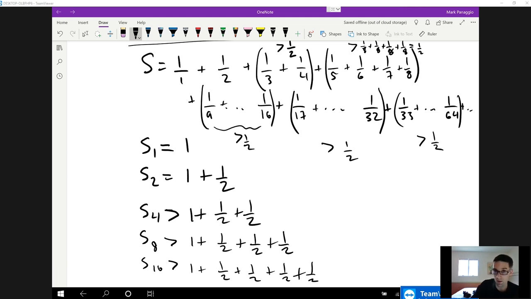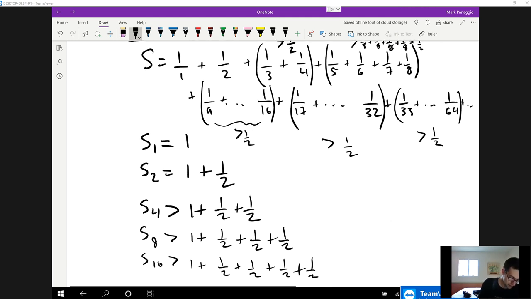It keeps on growing. We can say exactly how long it will take before it's going to reach 5 or 10 or 100 or 1,000. Eventually, it's going to surpass any one of those things because we know eventually we'll accumulate enough terms so that we've added at least a half from anywhere that we are. Okay?